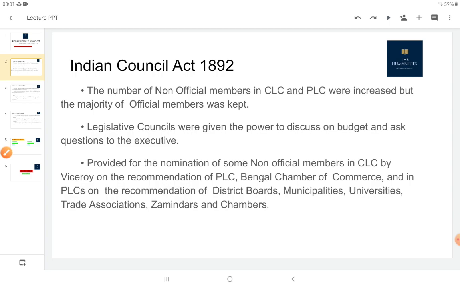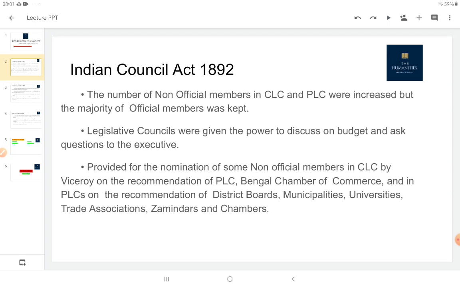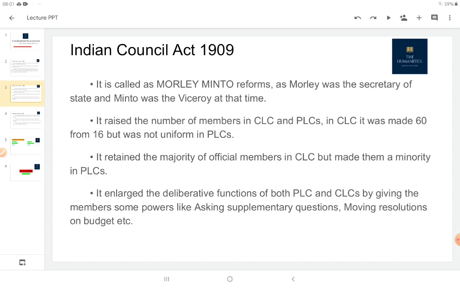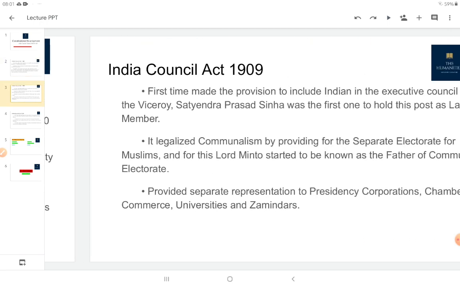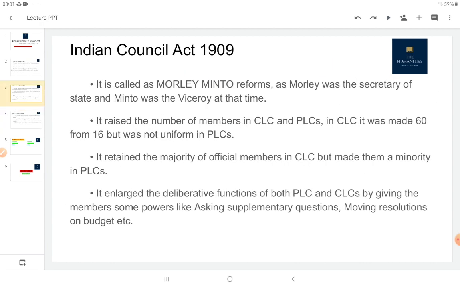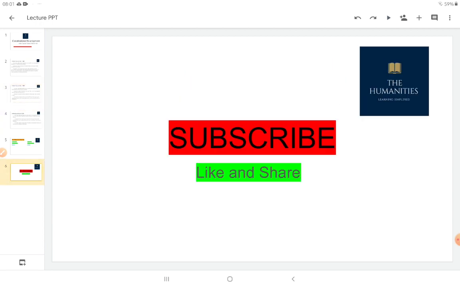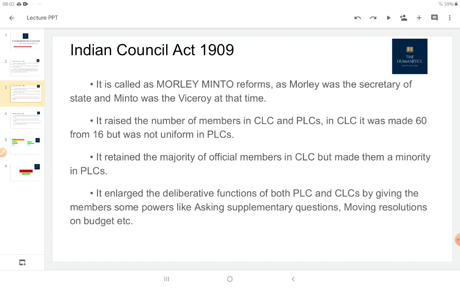Now we will be covering the second act, which is the Indian Council Act of 1909. The 1909 Act was also called the Morley-Minto Reforms.